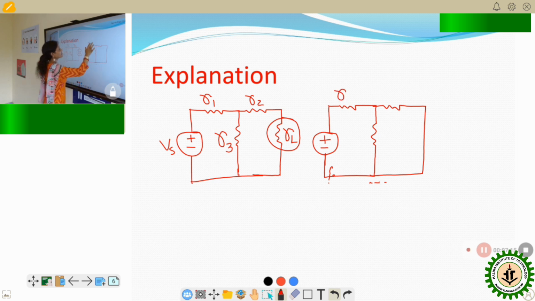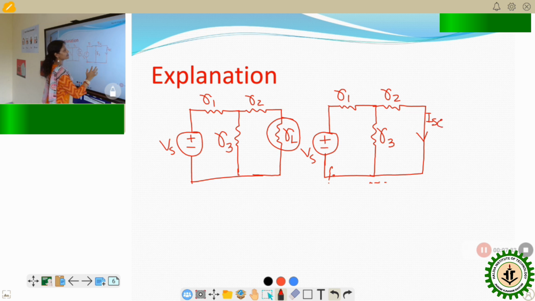It is R1, it is R2 and it is R3. It is Vs.